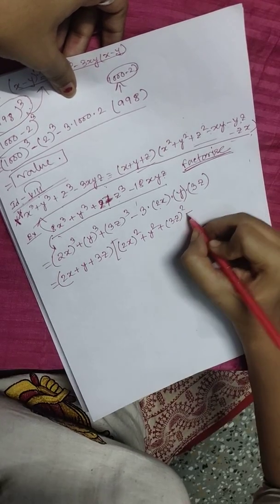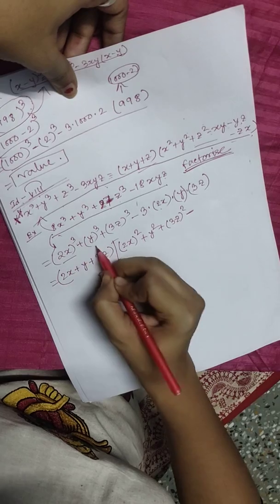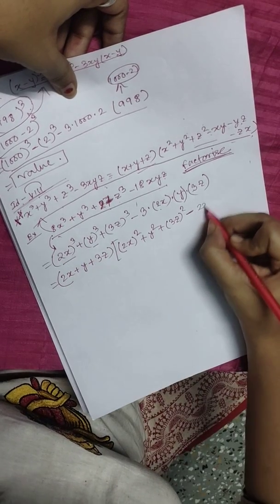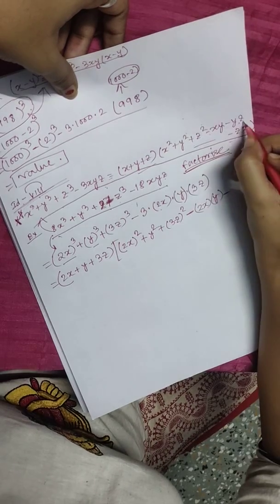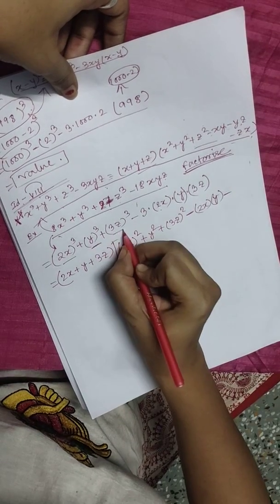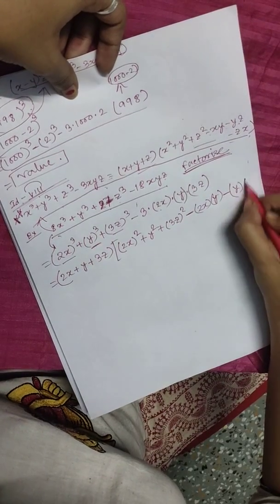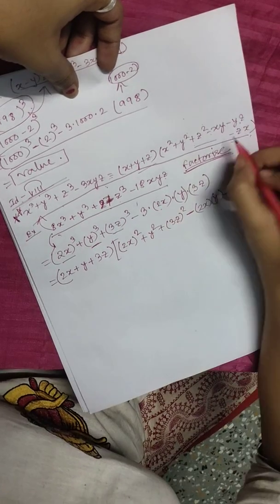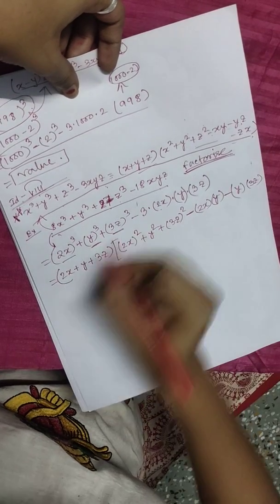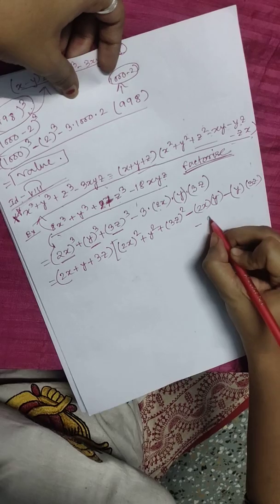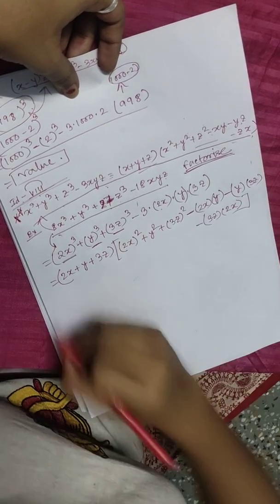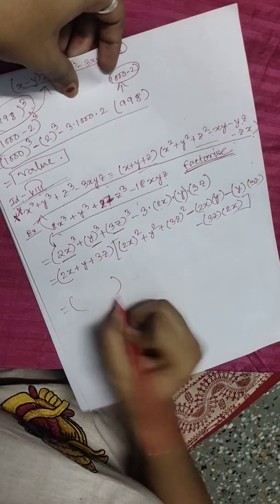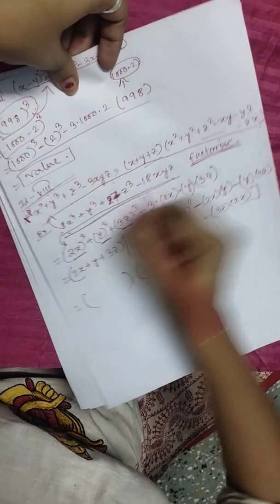Okay, now minus x into y, here it is x, it is y, so 2x into y, minus y into z, here it's y and it's z, so y into 3z, and minus zx, it's z, it's x, so minus 3z into 2x. By calculating these, we will get the factors of this term.